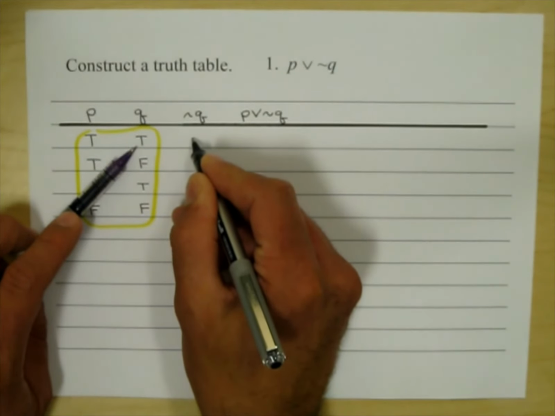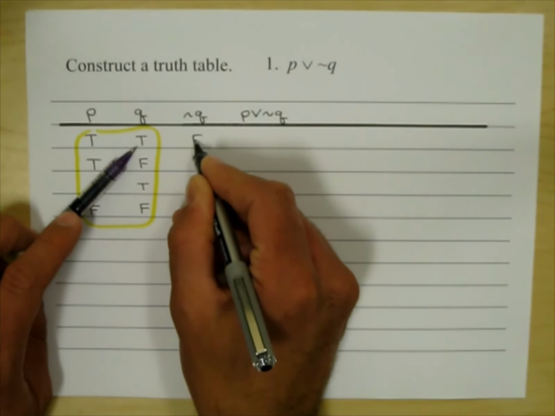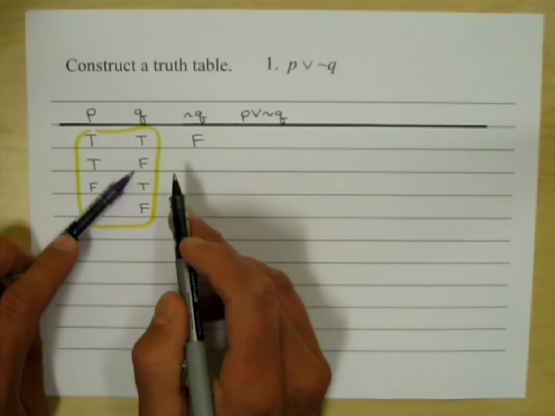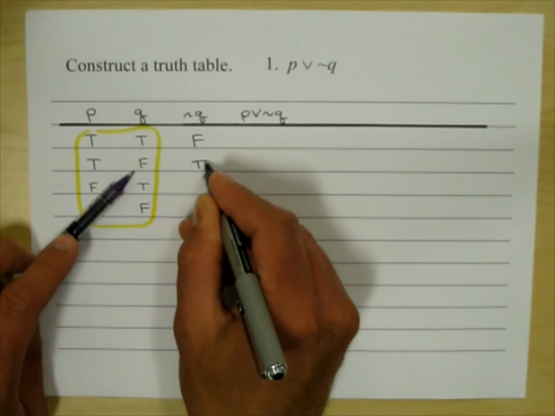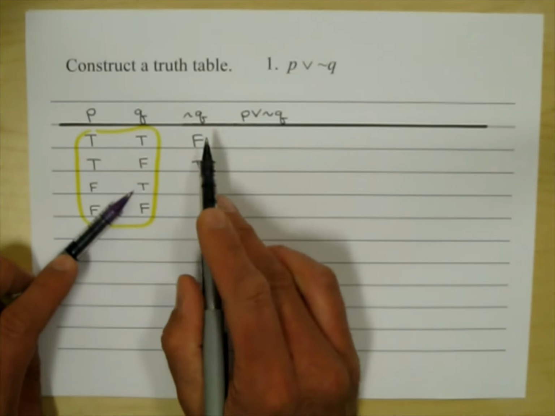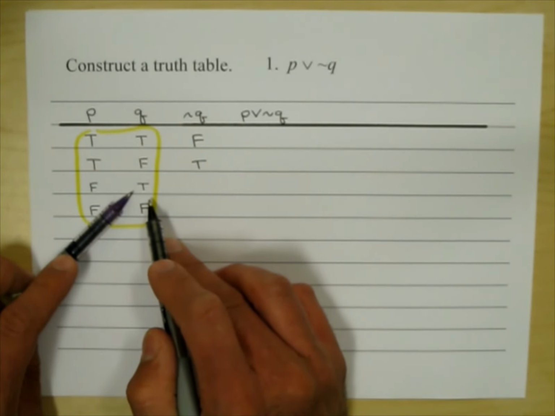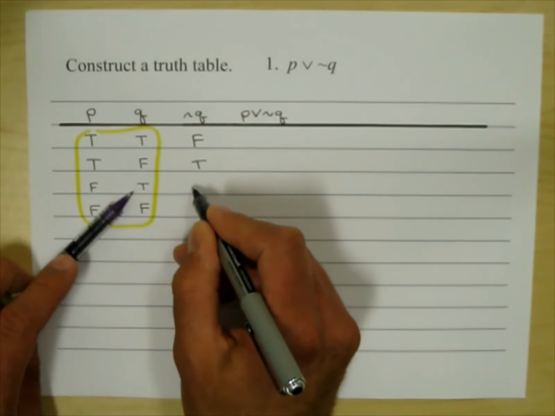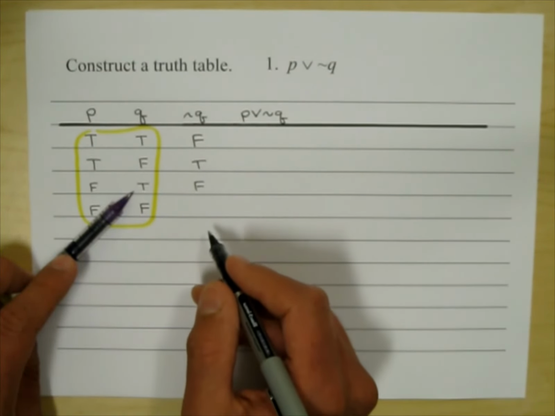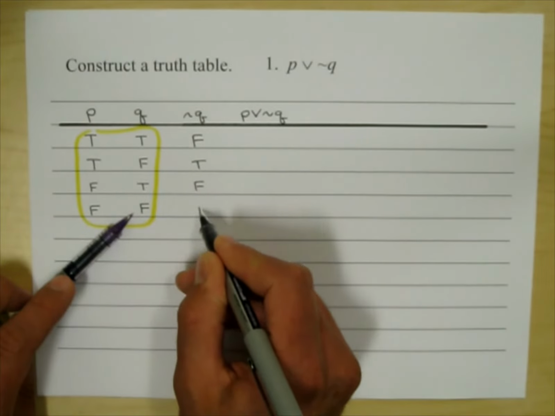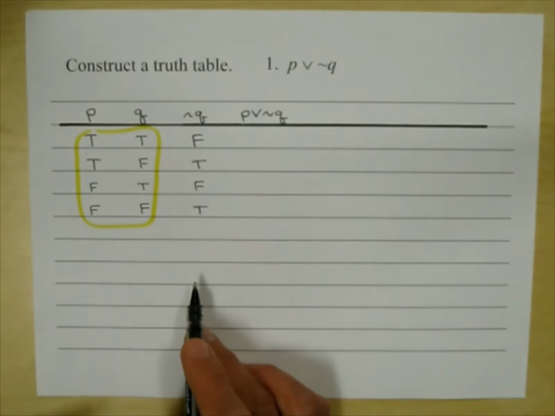Not true is false. Not false is true. Not true is false. And for some of you, I'm going too slow actually, and not false is true. So that's how we do the not Q column.